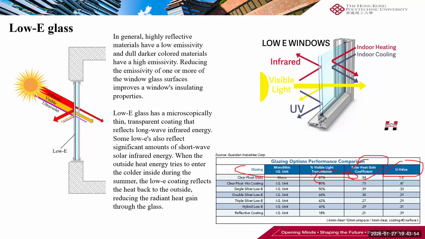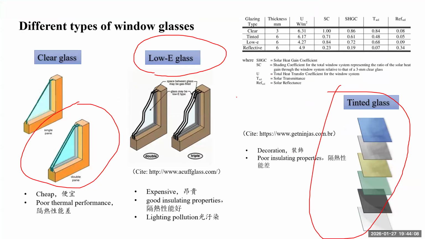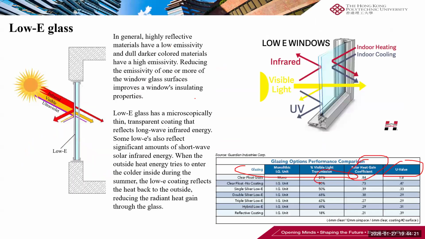Usually they tell us whether the visible light transmittance is acceptable or not, and then we know more about its U value and solar heat gain coefficient. Because low E is a soft coating, usually it has to be used together with double glazing. Later, we will also know more about the low E coating.